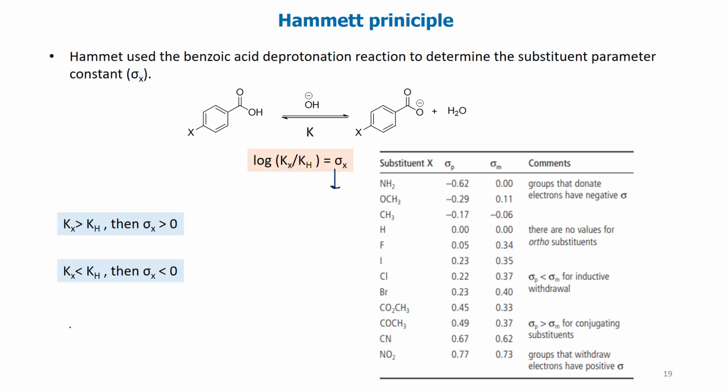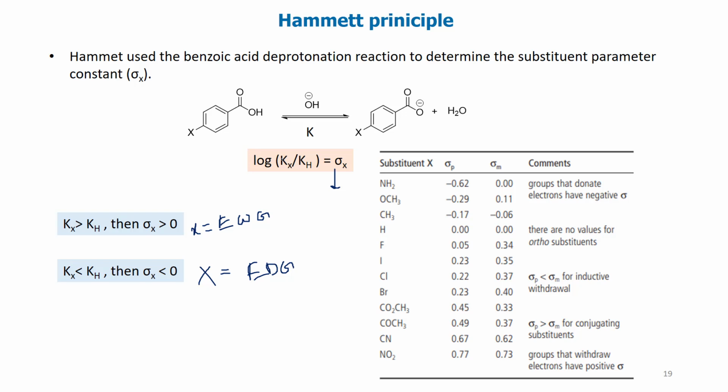Now from the values he got with different types of benzoic acid, he found that when an electron withdrawing group is present on the benzoic acid, that is, when X is an electron withdrawing group, the reaction rate is faster than that of benzoic acid, and when X is any electron donating group, the reaction rate is lower than that of simple benzoic acid.